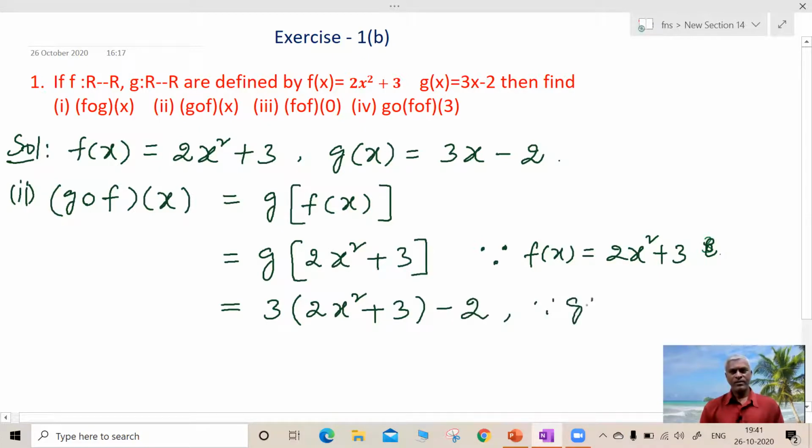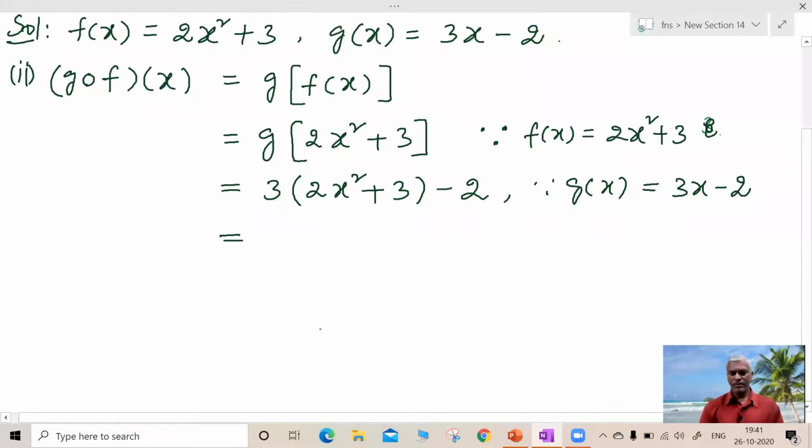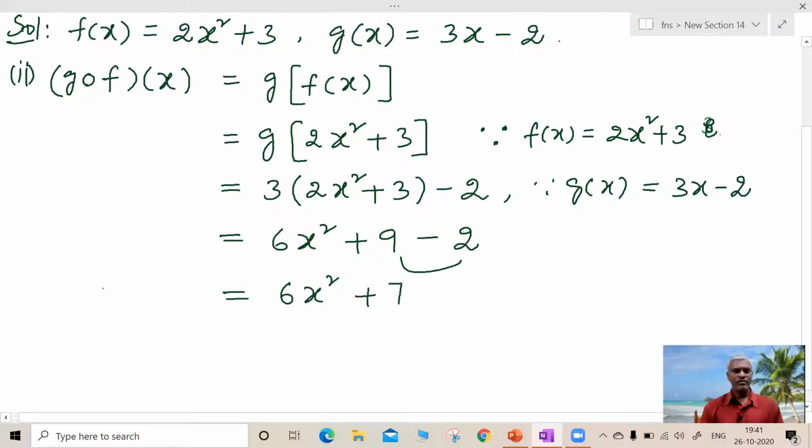Since from the g(x) definition, we must write what is inside this bracket in place of x. By simplifying this: 3 times 2 is 6x², 3 times 3 is 9, minus 2. So this is 6x², 9 minus 2 is 7.